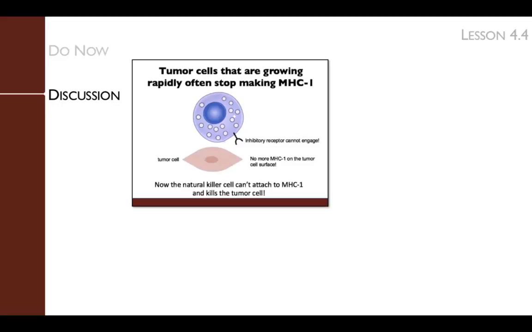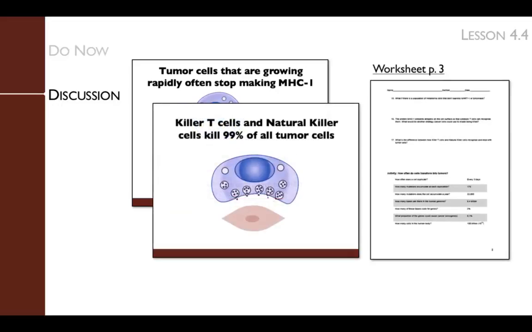But cancer cells that are proliferating rapidly often stop making the MHC1 receptor. In this case, the natural killer inhibitory receptor has nothing to attach to, and the natural killer cell will kill the tumor cells. Between them, killer T cells and natural killer cells take care of 99% of cancer cells.